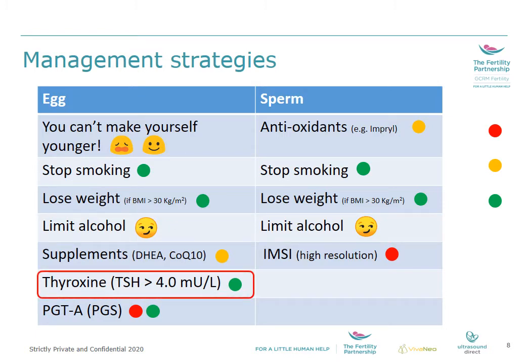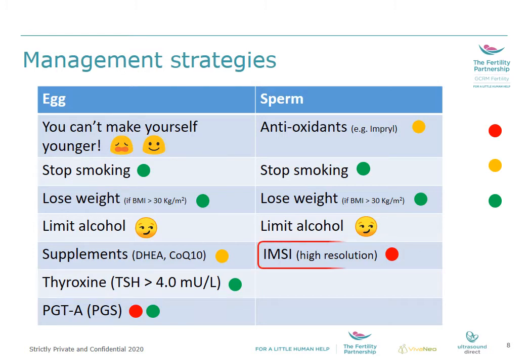And then thyroxine treatment, if the TSH level is greater than 4, is also beneficial, but I'll come back to that when I talk about recurrent miscarriage. And then IMSI, which is high power microscopy to choose the best sperm for injection. It was hoped that this would be beneficial, improving outcomes, but in fact there's no evidence that IMSI is beneficial at all.